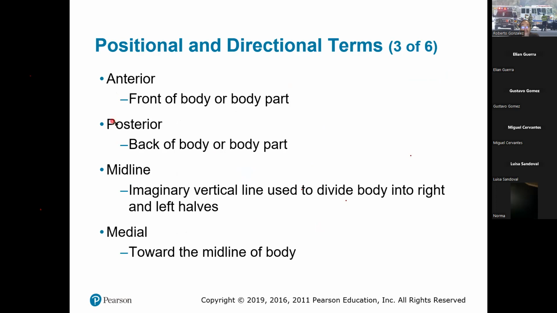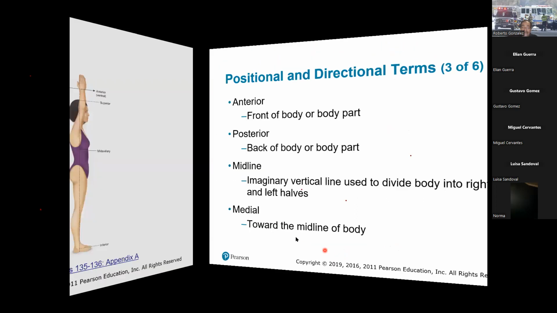Then we're talking about midline, which is towards the middle. It's an imaginary vertical line used to divide the body into right and left halves. And medial is towards the midline of the body. Remember, midline is an imaginary line.